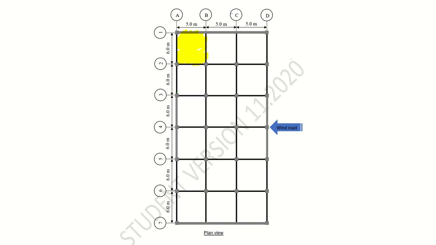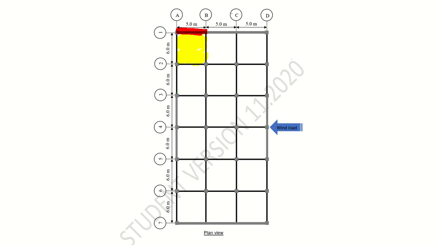From kilonewton per meter square, what we want to find is only kilonewton per meter only here. So that means we want to convert it, we want to make it into kilonewton per meter. It means that how much is the load that is carried by this wall from this slab. How do we normally do it?